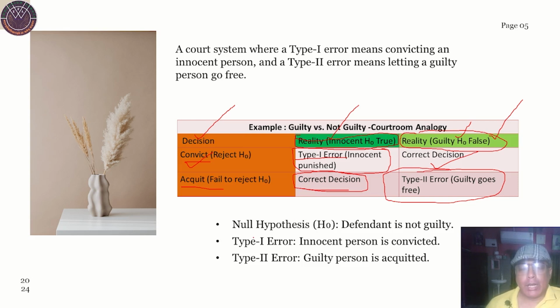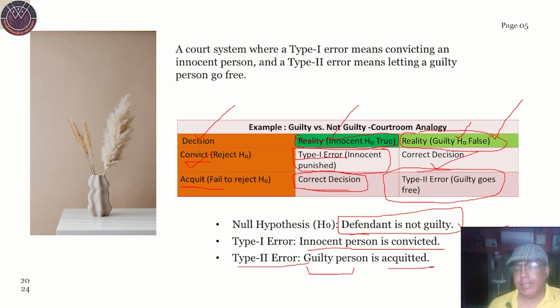You can also see that statement: null hypothesis is the defendant is not guilty. Whoever that person is, he is not guilty, and the court also goes with this statement. So type 1 error is that an innocent person is convicted, and type 2 error is that the person may be guilty and he is left free, he is moving free, then it is a type 2 error.